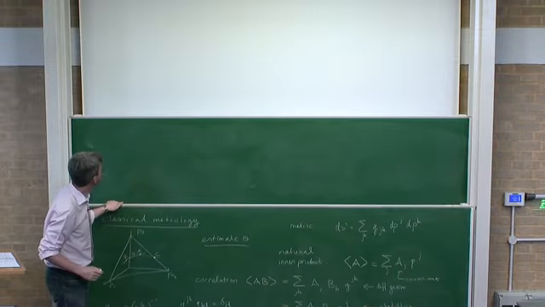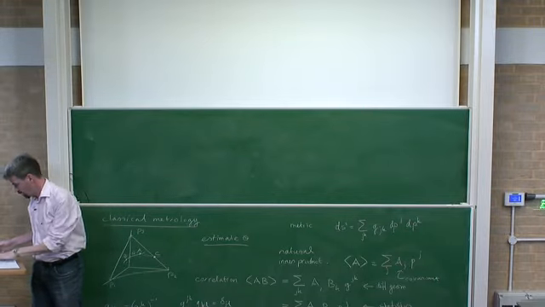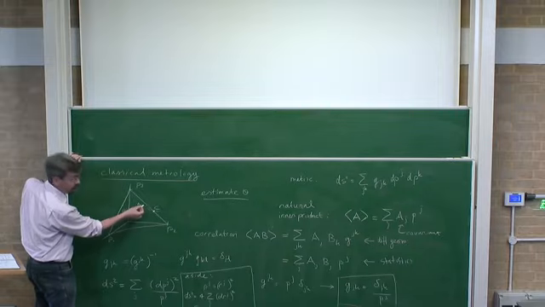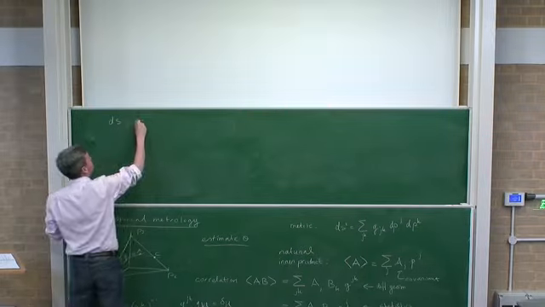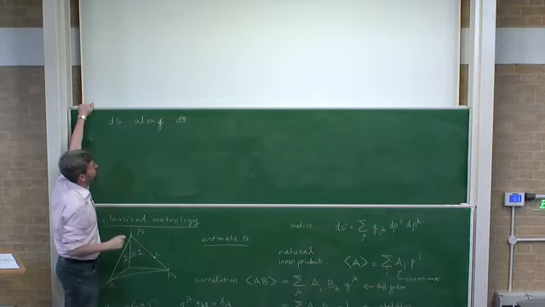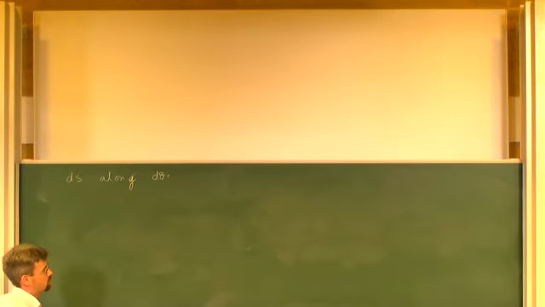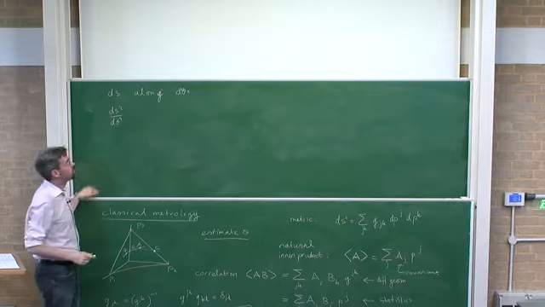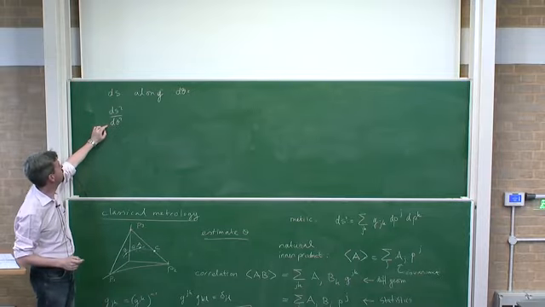Okay, so we have a distance, and we are interested in the distance along this line parametrized by theta. So we want to know what is ds along d theta. And for that we can take the derivative. Divide ds squared by d theta squared.